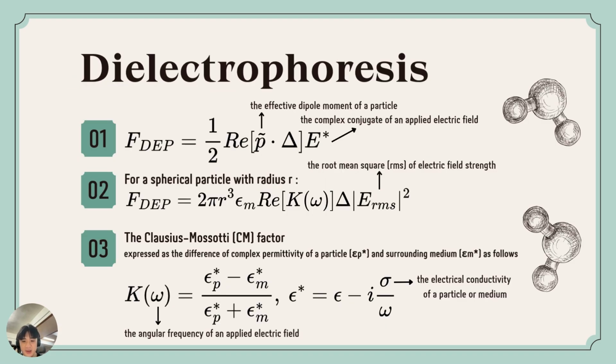And DEP is widely used for particle separation, transport, and sorting due to its flexibility and ability to manipulate both conductive and dielectric particles based on their relative polarizability in a non-uniform electric field.